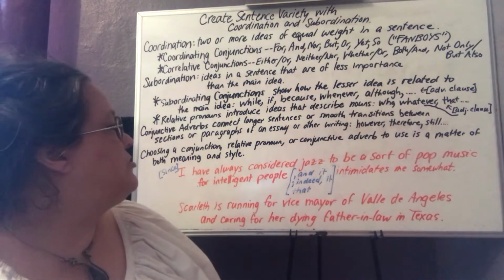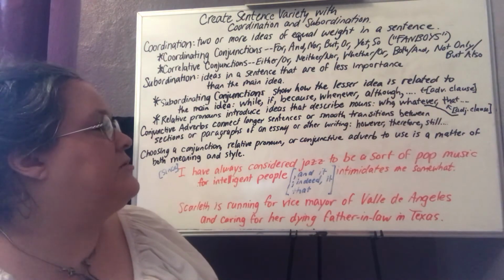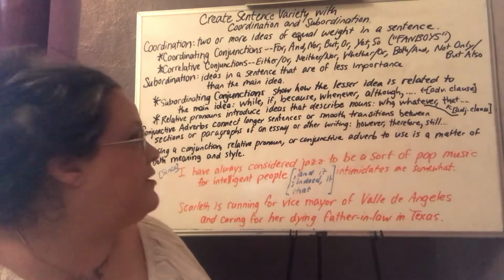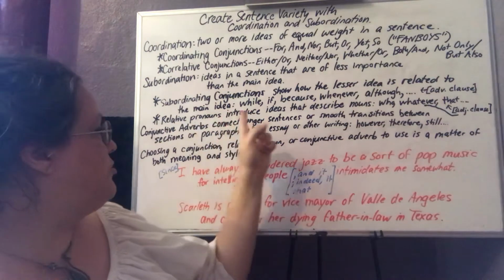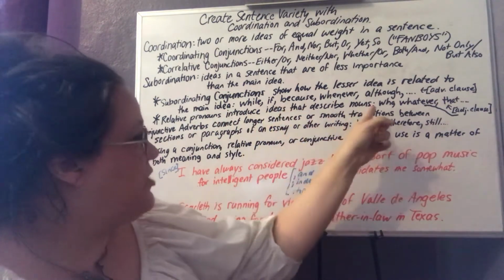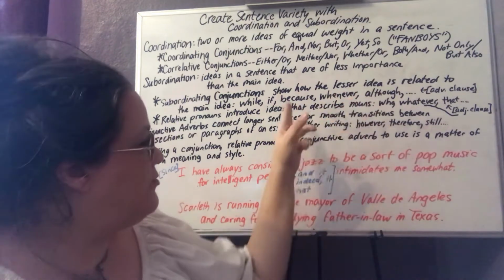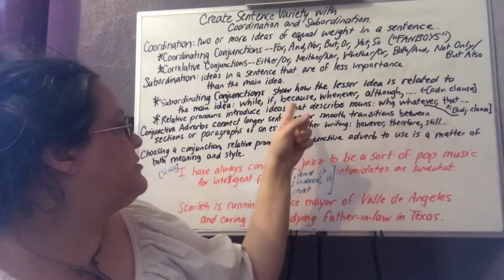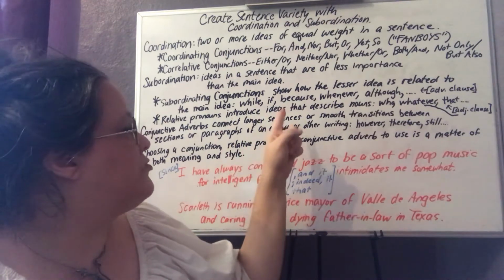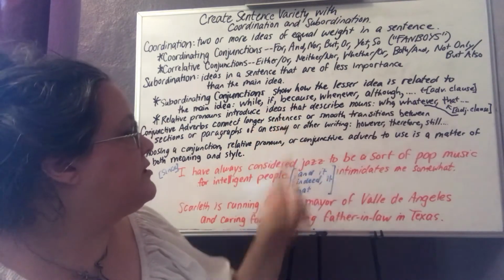Relative pronouns introduce ideas that describe nouns. I have one here. Relative pronouns introduce ideas. What kind of ideas? That describe nouns. That is an adjective clause that modifies nouns. And we know that because it has this relative pronoun in front of it.